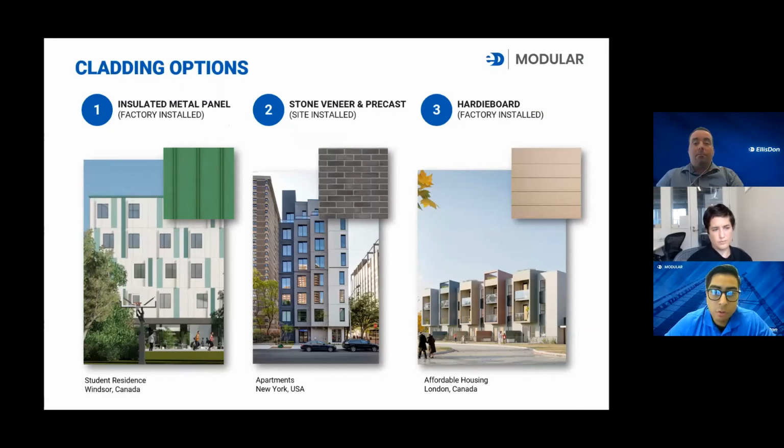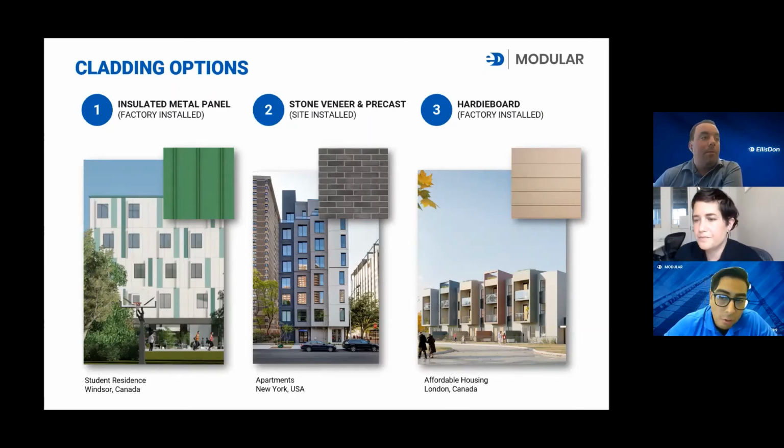So I just wanted to show 3 options here that we can definitely achieve: either factory installed using the IMP insulated metal panel, such as a Kingspan product, to either a stone veneer and precast, which would have to be site installed, to even a cement board kind of product like a Hardy board.